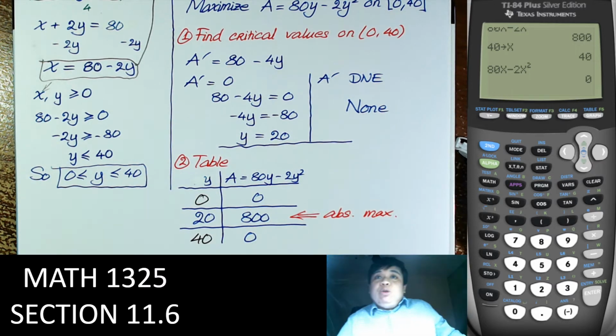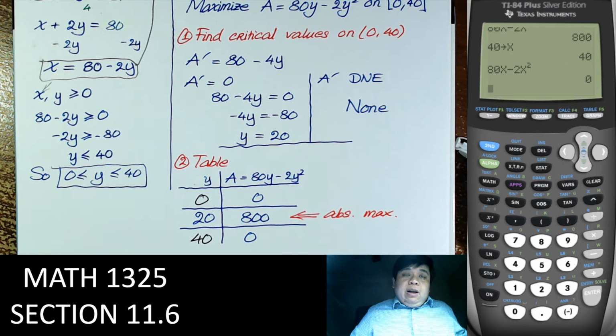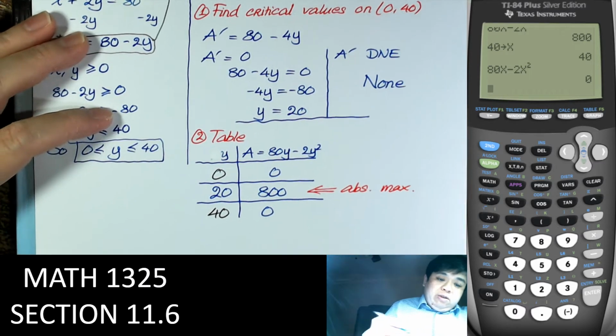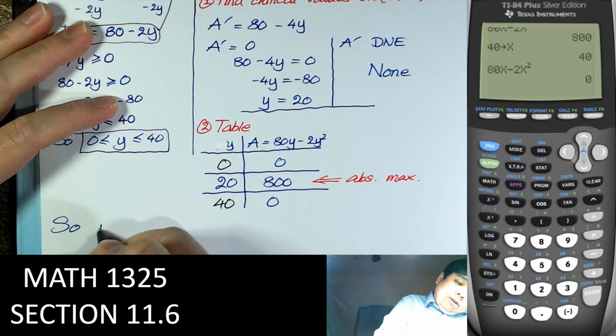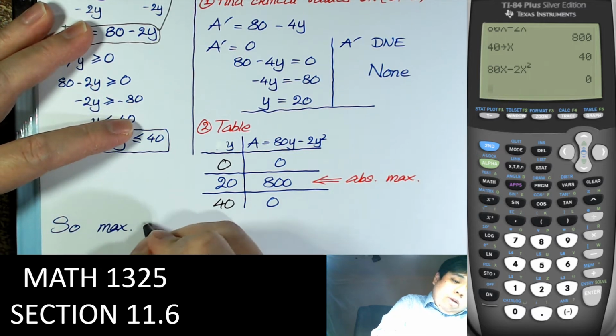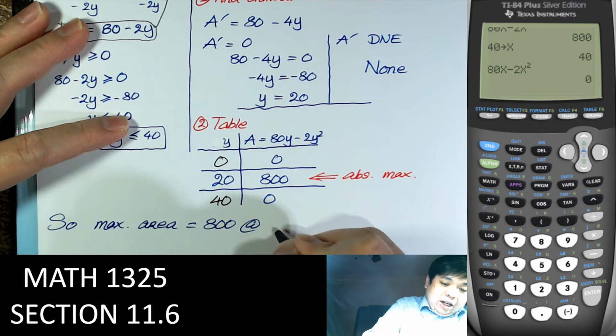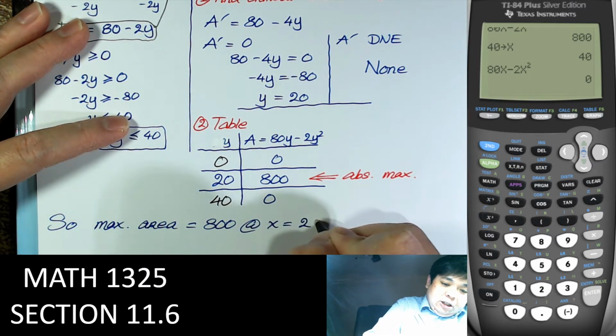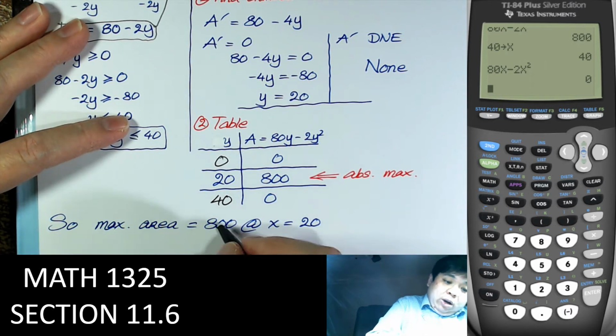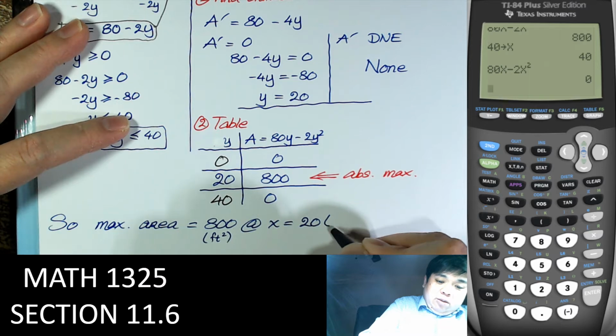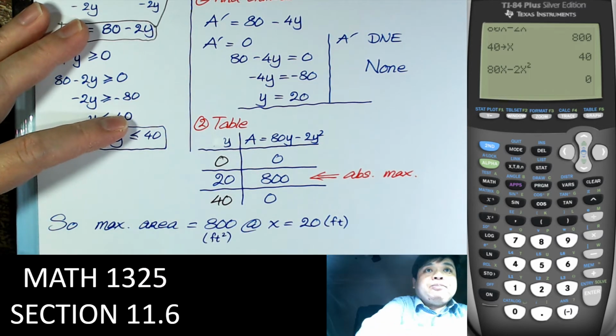So we say the absolute maximum, or the maximum area is 800 square feet. So maximum area is equal to 800 when x equal to 20. By the way, 800 for area, that's square feet, and for the length, that's just feet.